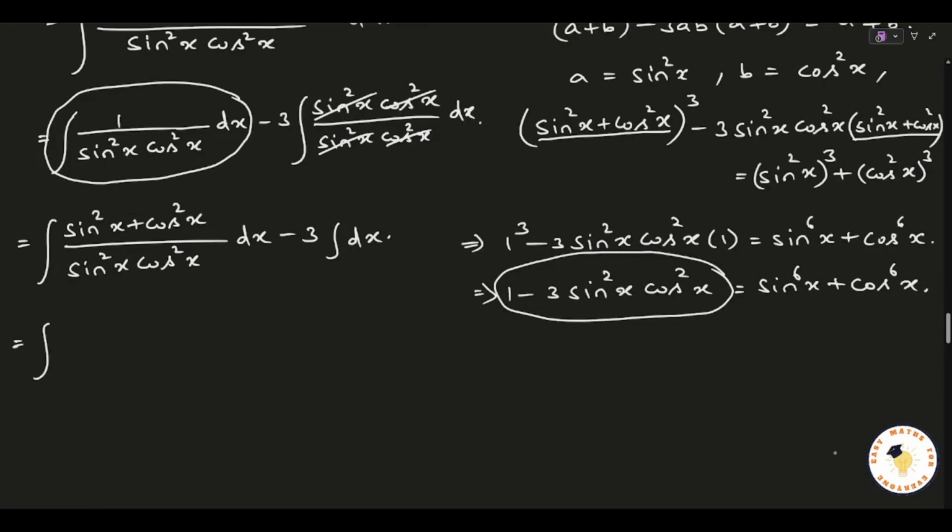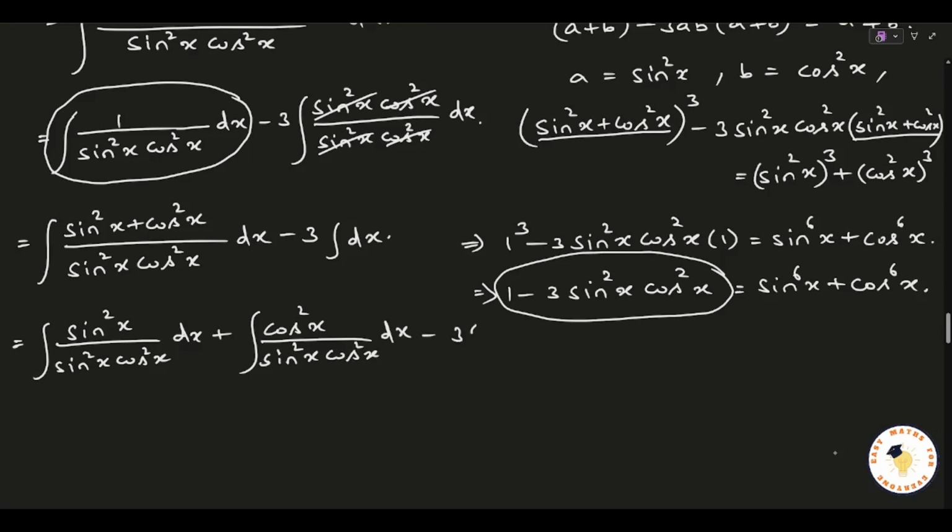This can be split into two terms like sin square x by sin square x cos square x dx plus, I am splitting the integral as well, cos square x by sin square x into cos square x dx minus 3 integral dx. Now this sin square and sin square cancel, cos square and cos square cancel.